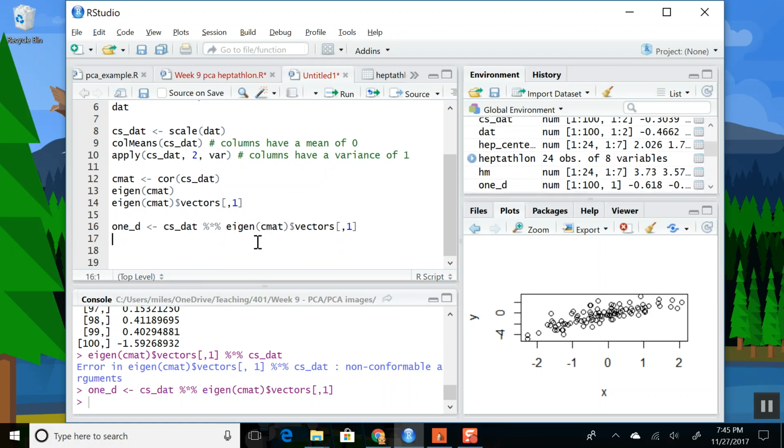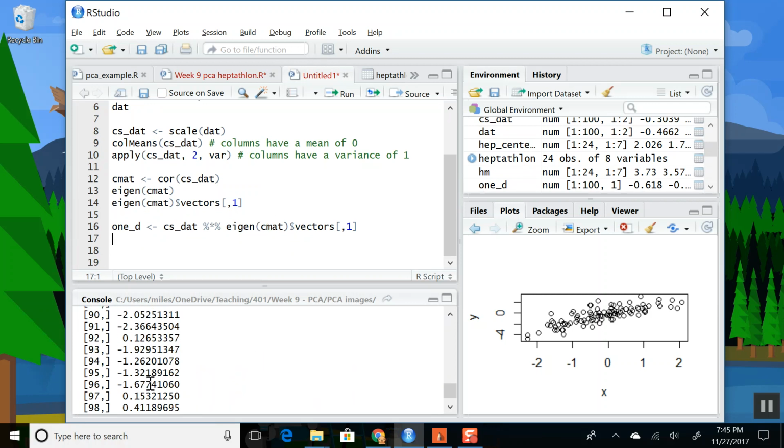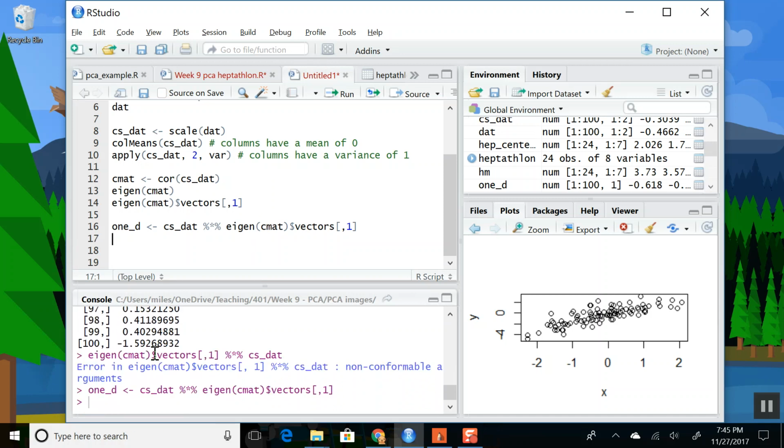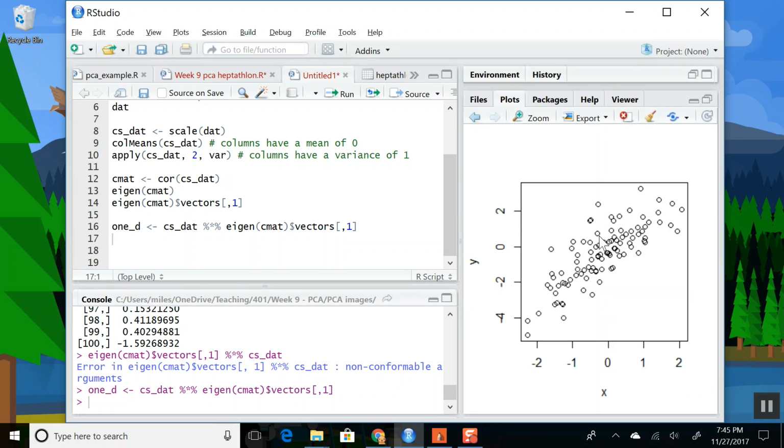And then to go back, if we want to return to the original form, basically this data has now been reduced to a single dimension.